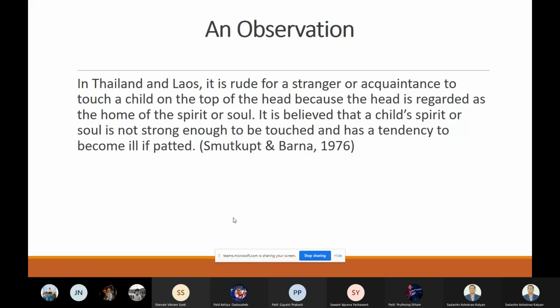Here they consider it rude for a stranger or an acquaintance to touch a child on the top of the head, because in their culture the head is considered an important part of the body. They consider that the head has one kind of spirit, a soul. So they do not give anyone permission to touch the head of that child, because they consider that the child's spirit or soul is not strong when we touch the head. So various kinds of thoughts are there related with haptics, and how haptics changes from nation to nation.